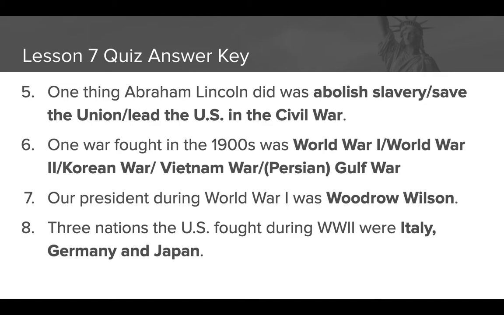Moving on to question number 5. One thing Abraham Lincoln did was abolish slavery, or you could say get rid of or end slavery, save the Union, or lead the U.S. in the Civil War. Any of those answers is great, and you can also reword all of them.